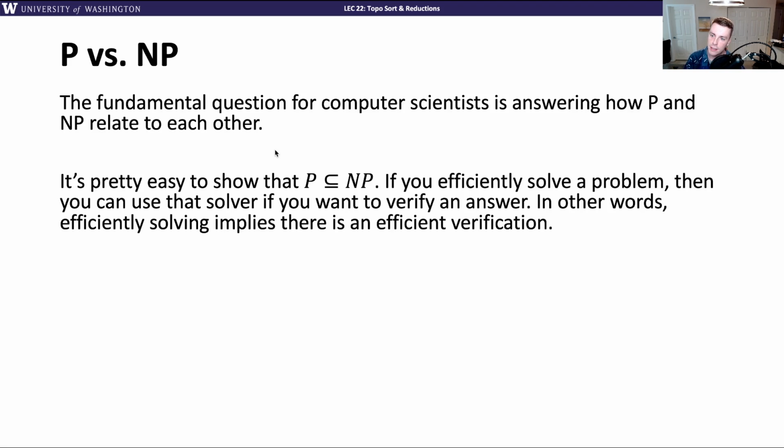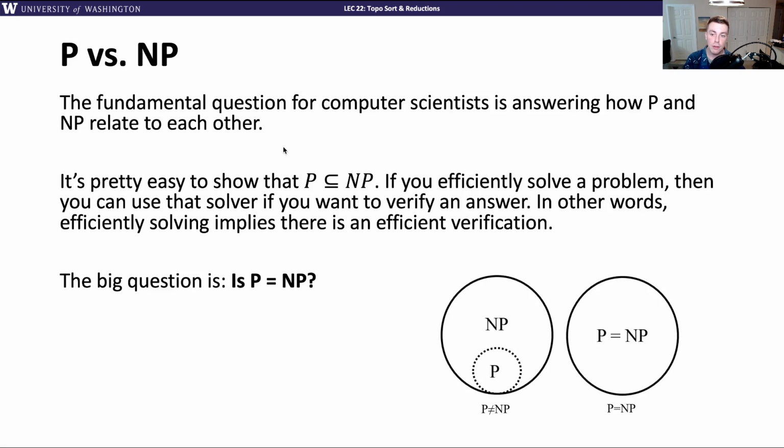But the question is, are these sets equal? So the big question is, is P equal to NP? And there are really two possibilities here. Either they aren't equal, or they are. If they aren't equal, this subset relationship still holds. P is definitely a subset of NP. Anything that's solvable is also verifiable.